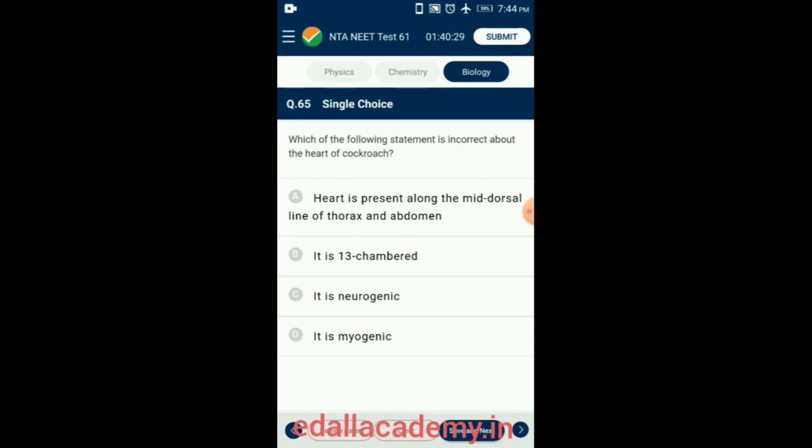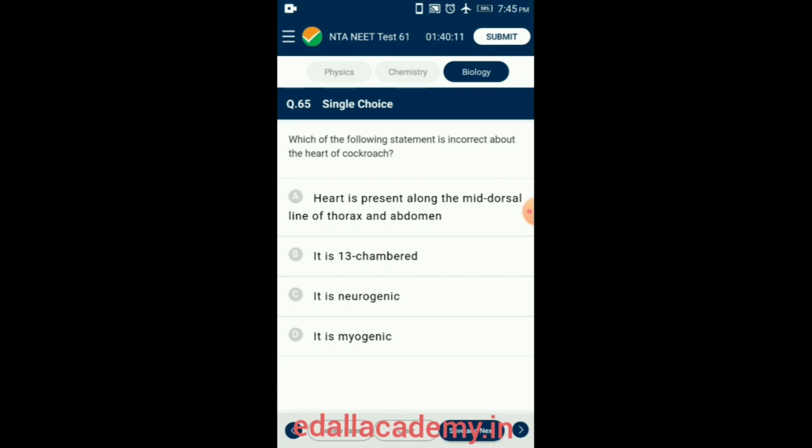During circulation, blood flows into the heart through ostia. The heart chambers contract one after another rapidly, and it is due to the contraction and relaxation of alary muscles. This pushes the blood into the anterior aorta.